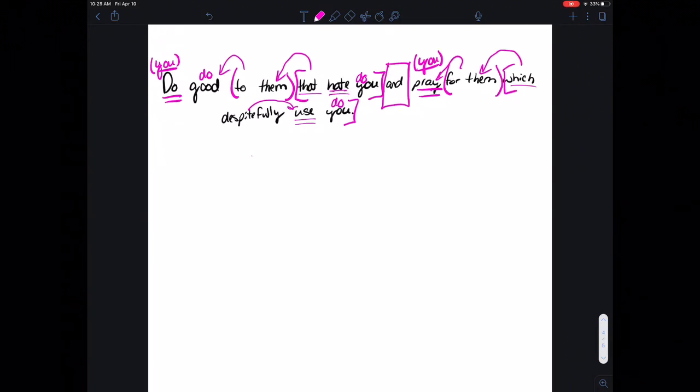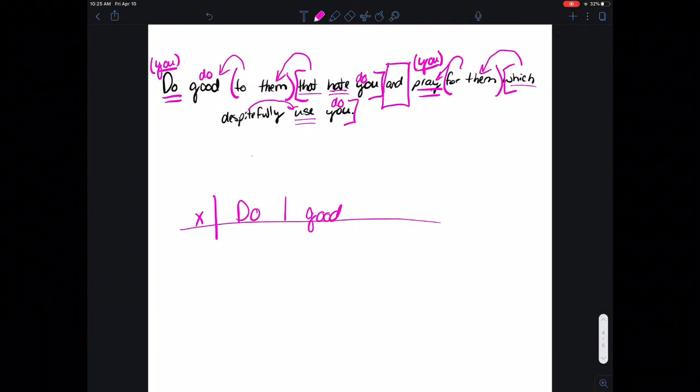All right, diagramming this. I'm going to draw my horizontal line. You understood as my subject, so I have only one option here because I can't put you in parentheses in the diagram because you're not supposed to put punctuation in your diagram. So I'm going to put X to represent you understood. Draw my vertical line between my subject and my verb. Do is my verb. Good was my complement.